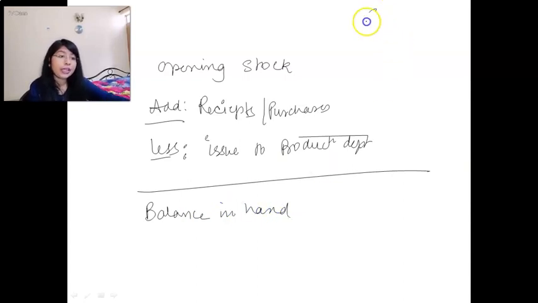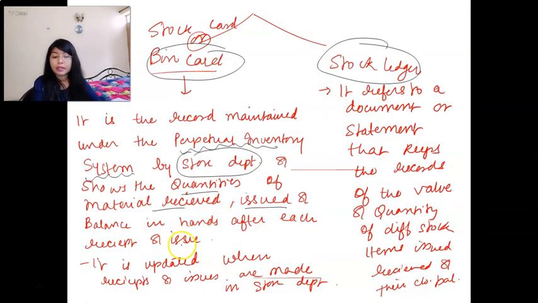And here you're talking about quantities. Okay, so that is your bin card. It is updated as and when the issue and receipt are made in the store department. Now next is the stock ledger. That is a big thing.